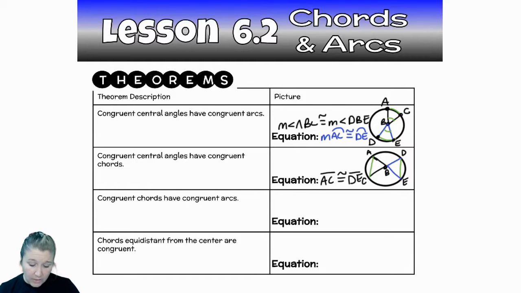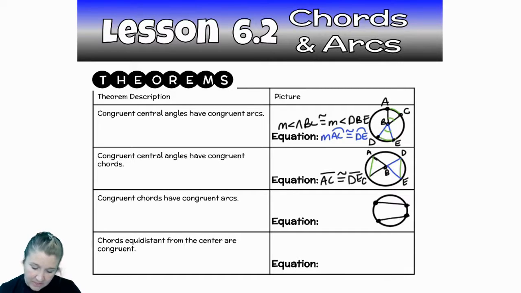And then congruent chords have congruent arcs. So if I have my circle here again, and then I'm going to have my line segment from here to here, and then I have another one from here to here.